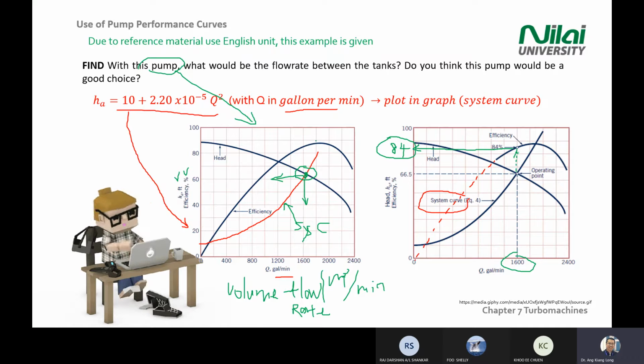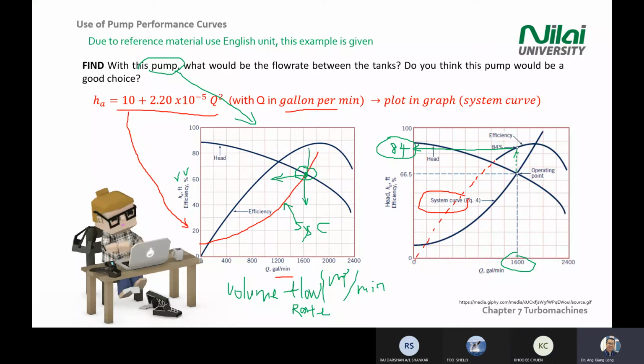One line is for efficiency, one line is for head. So this point, the red line is crossing the efficiency line or the head line? Head line. So you project to the left, you read the head value, HA, 66.5. Then I'm asking you how to get 84, right?